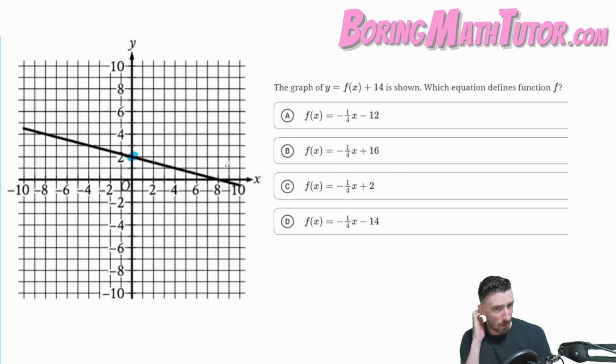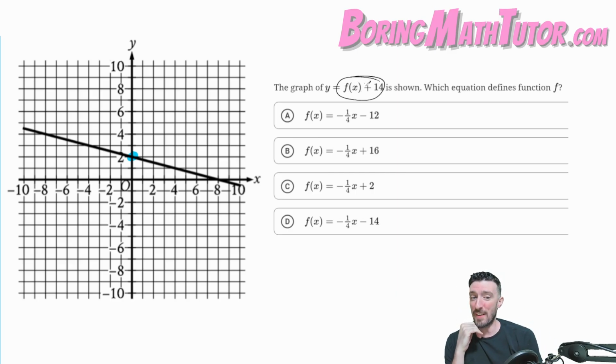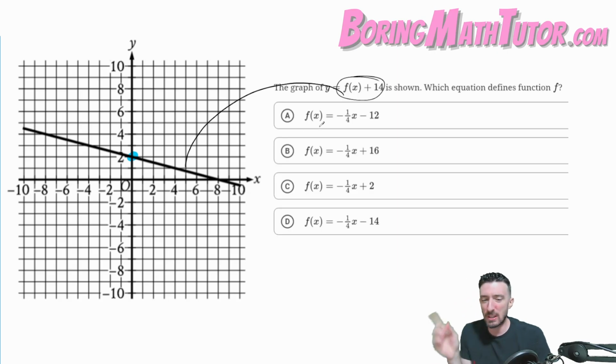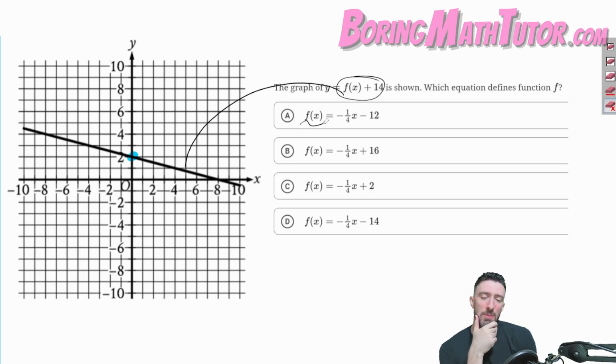So we are given a graph here, not of f of x, but of f of x plus 14. If y'all thought this was the graph of f of x, y'all just got played. It ain't it, because it's the graph of f of x plus 14. But they're asking for what the graph of f of x would be.